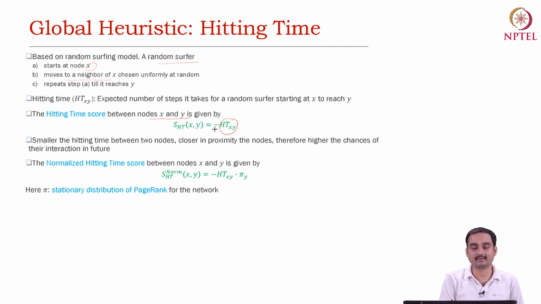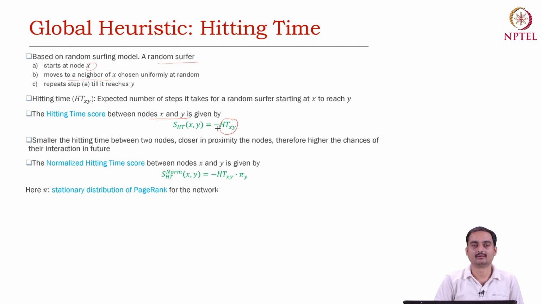And we take the negative because the lower the hitting time, the better, the higher would be the similarity between x and y.